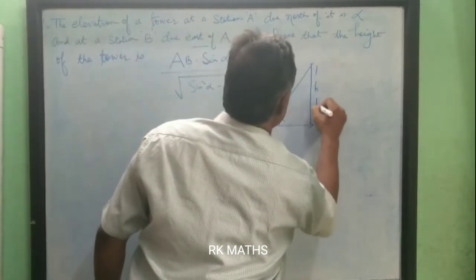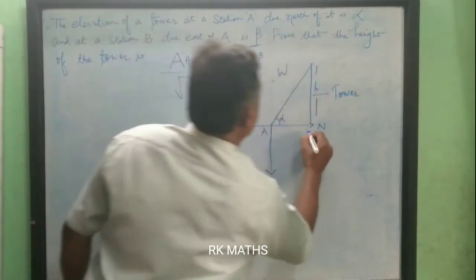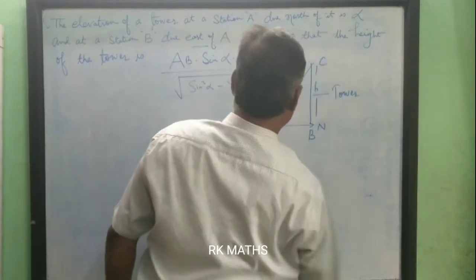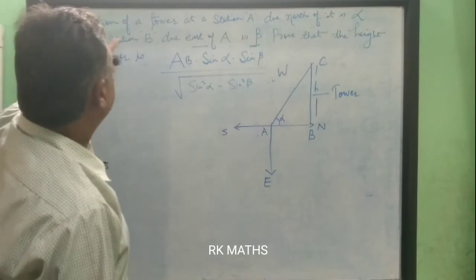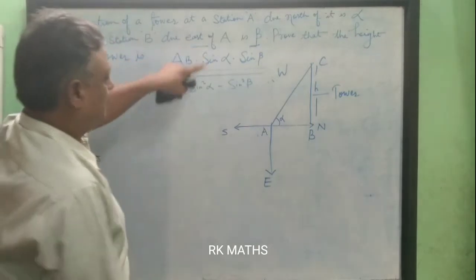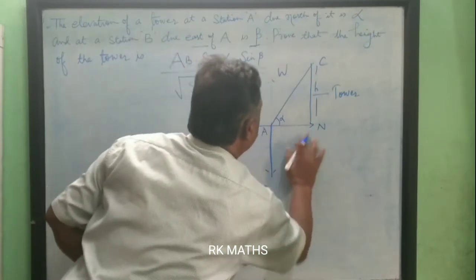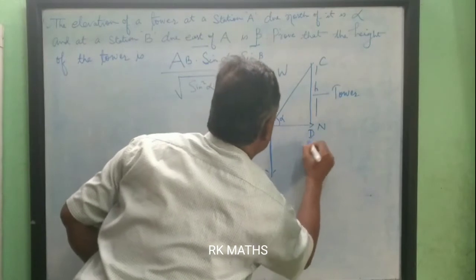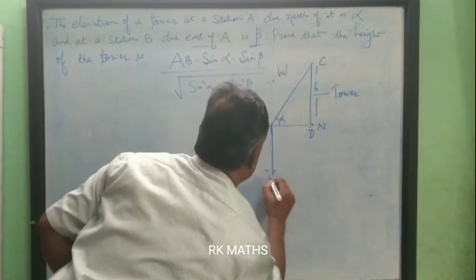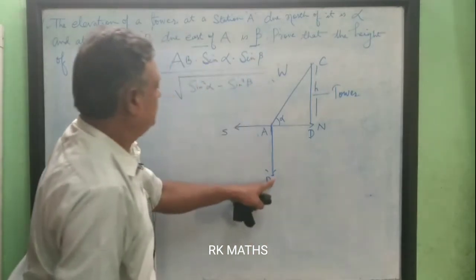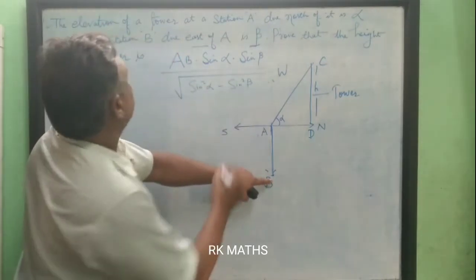Let height of the tower be h, this is ABC, and at a station B due east of A, so this point is B. So here we will take D and this point is B. This is the point B due east of A. So it is beta.